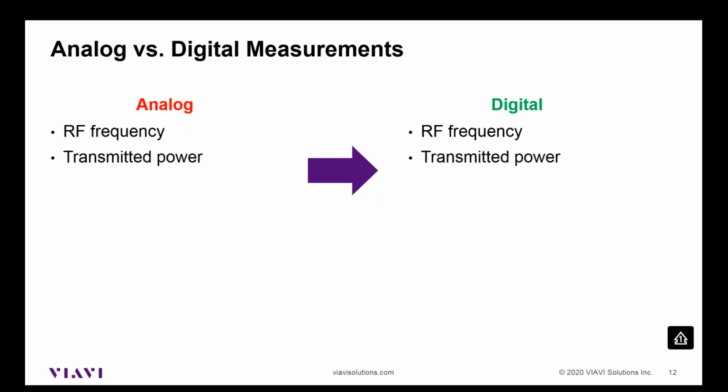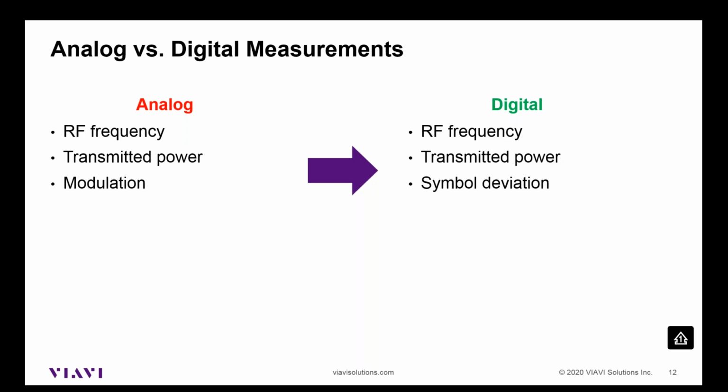Transmit power is another one. Transmit power, not as critical, but it's still something we need to measure. We still have to make adjustments for transmitted power. Modulation, with an analog radio, we're typically in the past looking at either AM or FM. And today with our digital radios, we're still looking at a form of FM, frequency modulation.